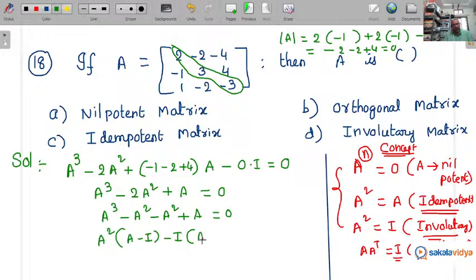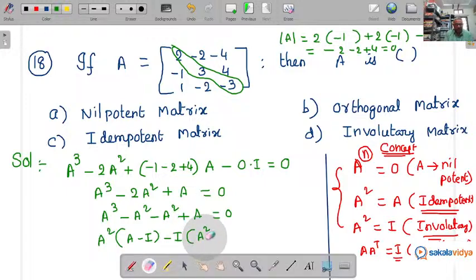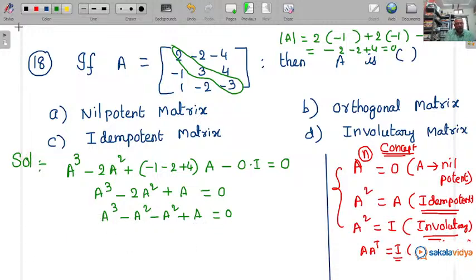One minute, we need to interchange them, let me complete.